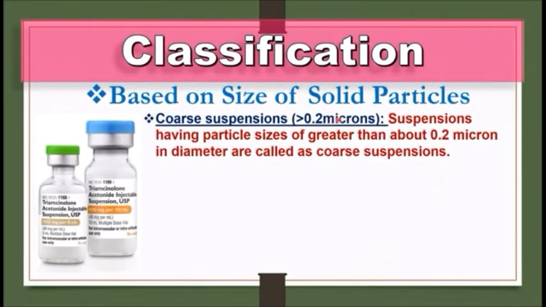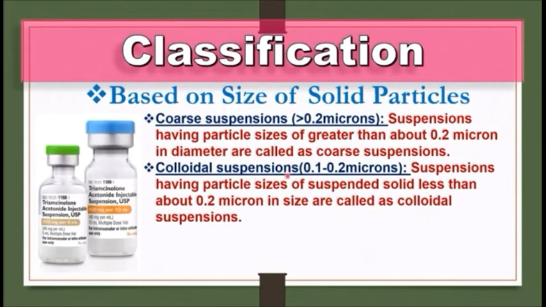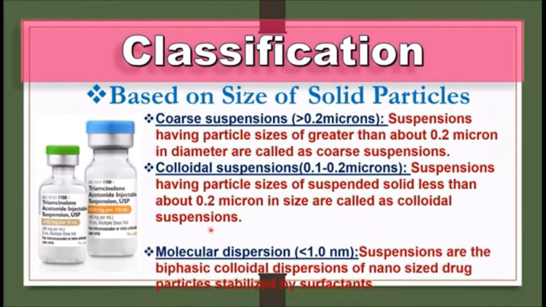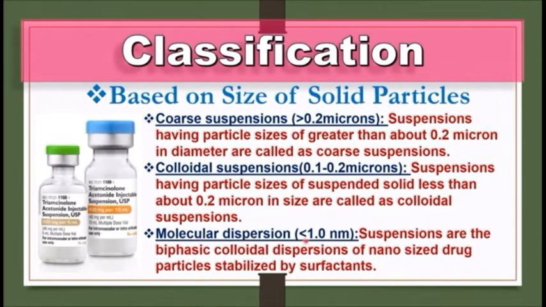In short, in a suspension we see a bottle of liquid dosage form in which the particles are suspended at rest. When we shake the bottle, the suspended particles are dispersed. So there is the direction on the bottle: shake well before use.